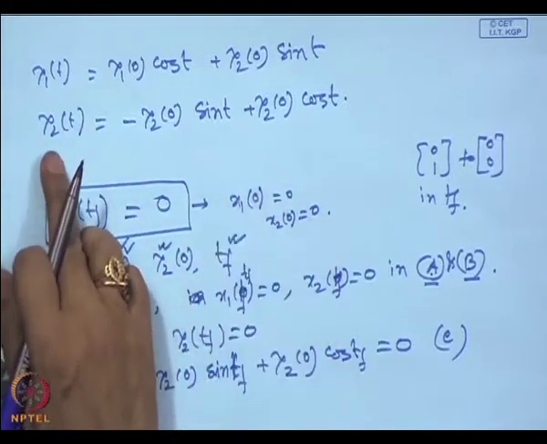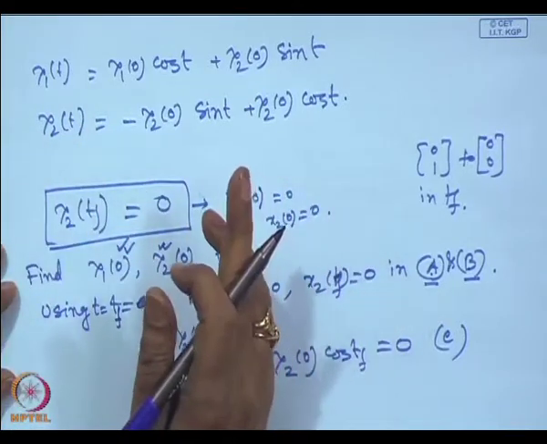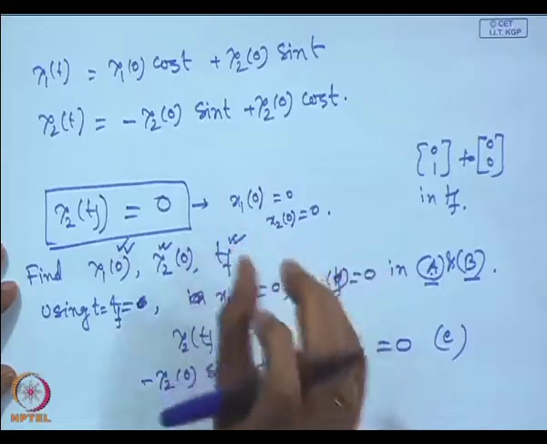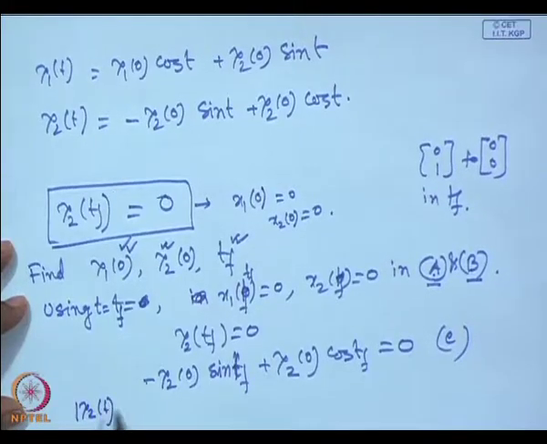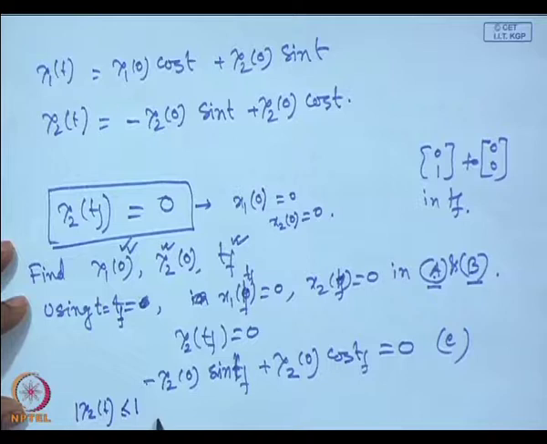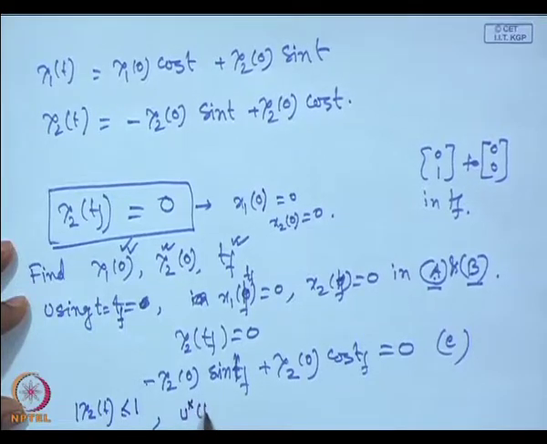So, we monitor lambda 2: when the mod of lambda 2 of t is less than or equal to 1, then we will take u star of t is equal to minus lambda 2 of t.